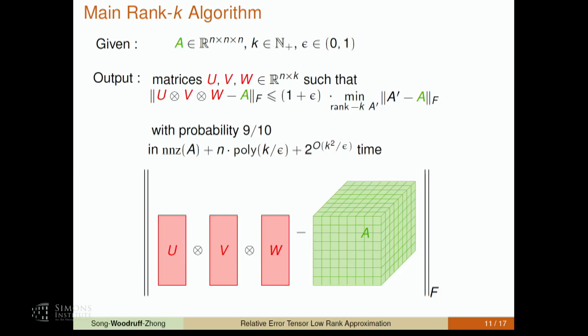We get the same running time as before, the number of non-zero entries of A plus n times poly k over epsilon, plus a term which is exponential in k squared over epsilon. Some comments about this: it's fixed parameter tractable. Even if k is as large as square root log n, we still get a polynomial time algorithm. And often in these applications, k is typically small.